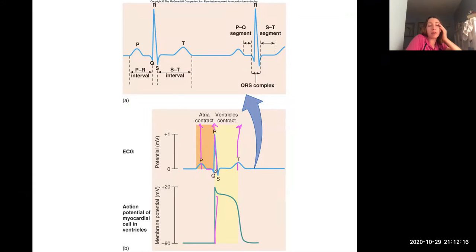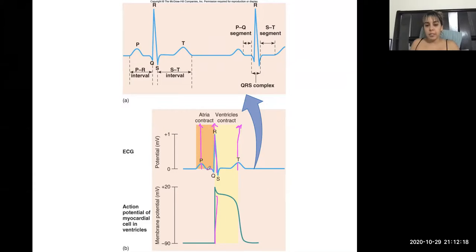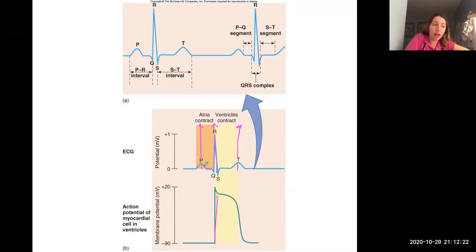That was probably my bad. I probably explained it a little weird. No, you're good. So the P wave signifies depolarization of the atria. Okay. And it takes a minute, so that's why halfway through, the atria contract. The atria will contract and fill the rest of the blood into the ventricles.